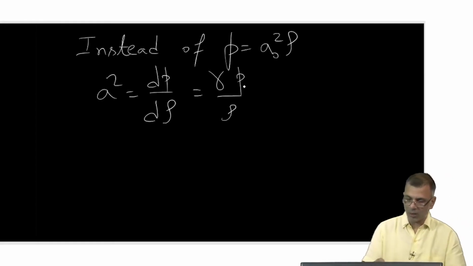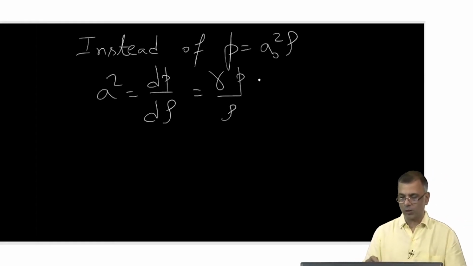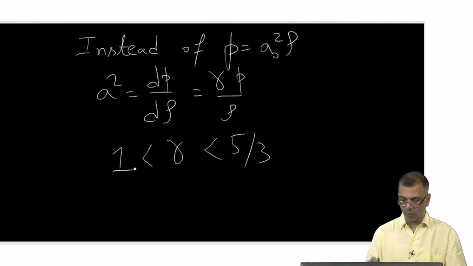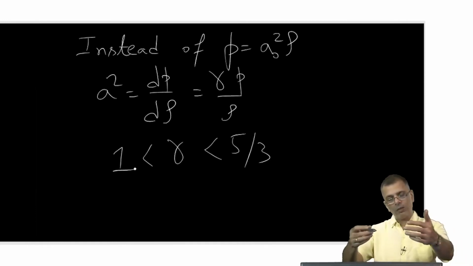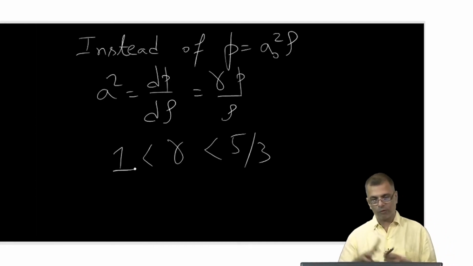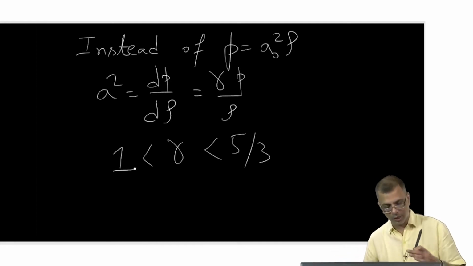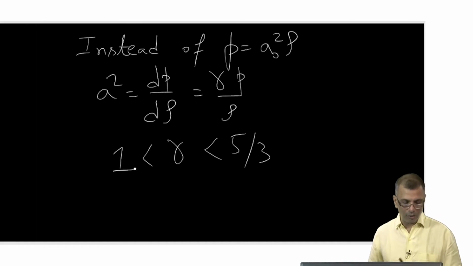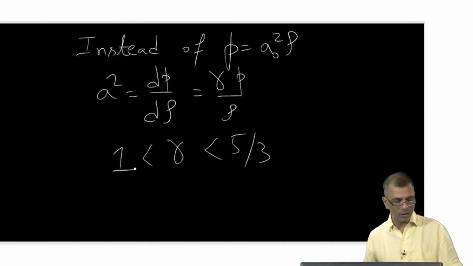We write this. So, this would be a new definition of sound speed, okay, where the gamma can be between 5/3 and 1. All right. And then one goes through the entire derivation just like that, no difference.